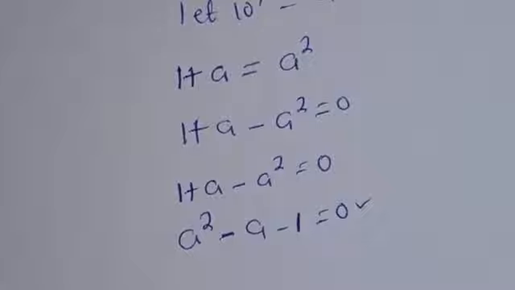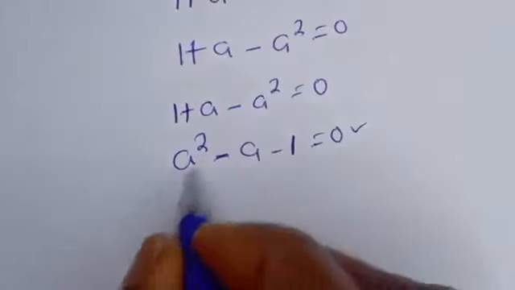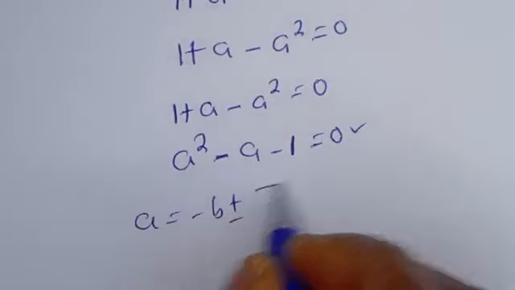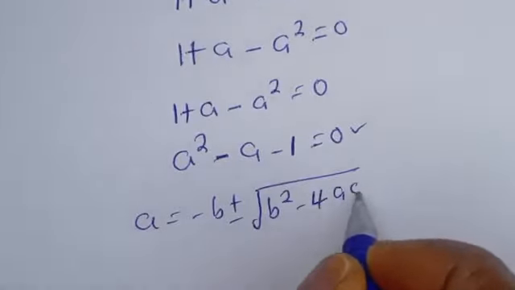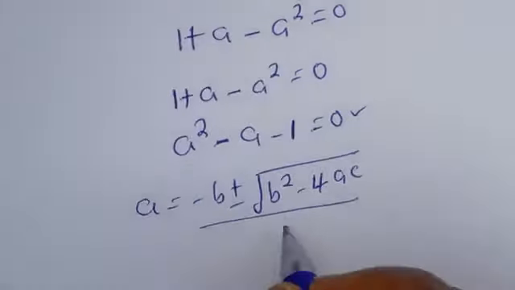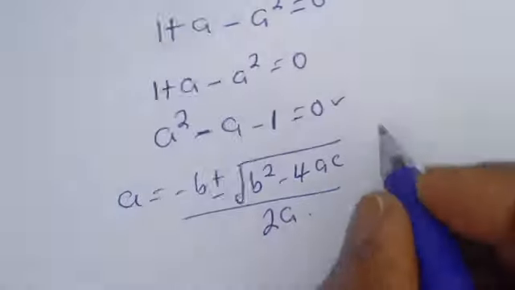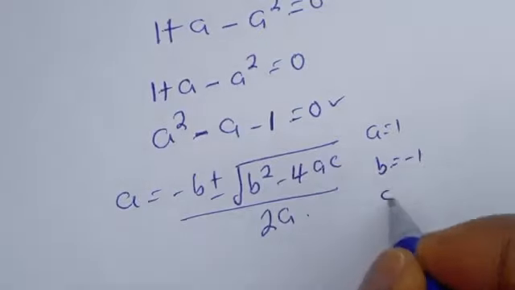This is a quadratic equation which can be solved using the quadratic general formula. From the quadratic general formula, we have a is equal to minus b plus or minus square root of b squared minus 4ac over 2a. And from this equation, we have a equal to 1, b equal to minus 1, c equal to minus 1.